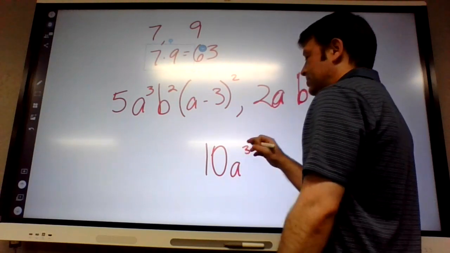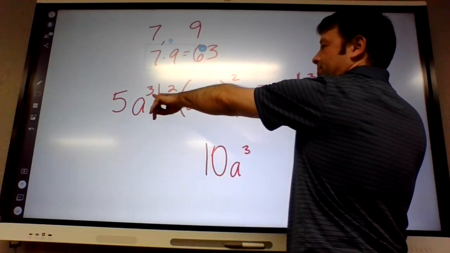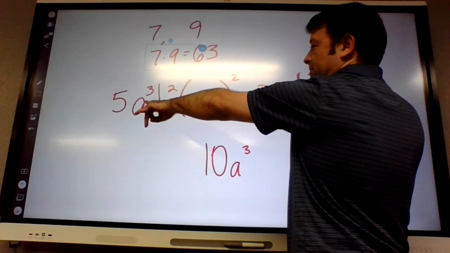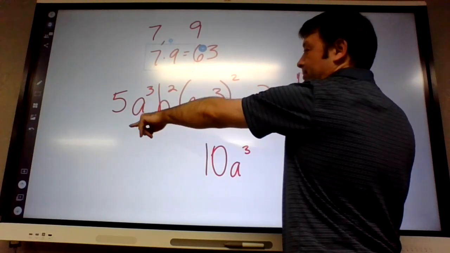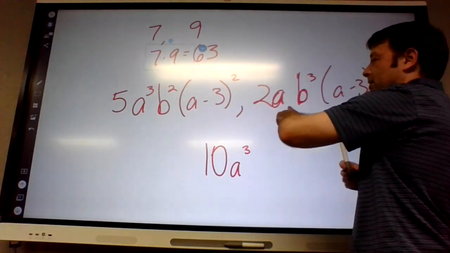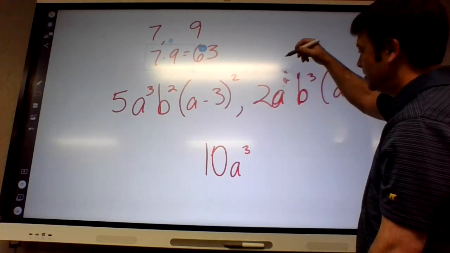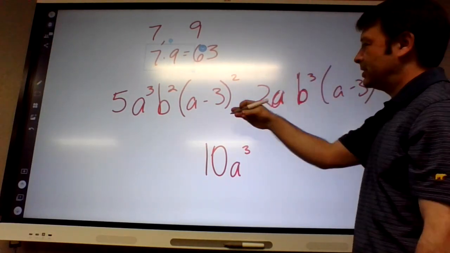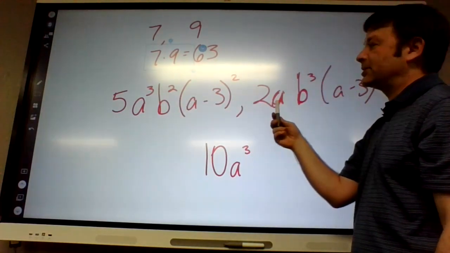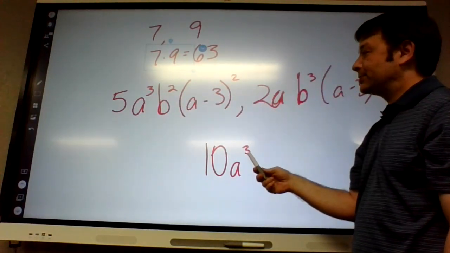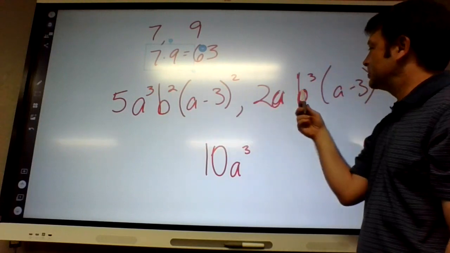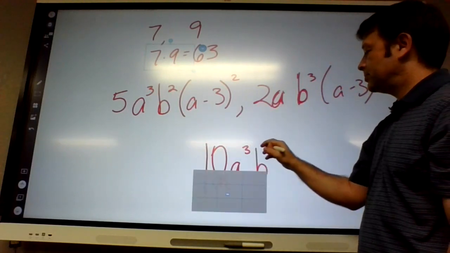Okay, A cubed. So basically you just use the most. The smallest thing A cubed can go into is A cubed. Okay, A can also go into A cubed if you multiply this by A squared, right? So whichever letter has the most exponent, that's what you use. And so on the B's, B cubed.